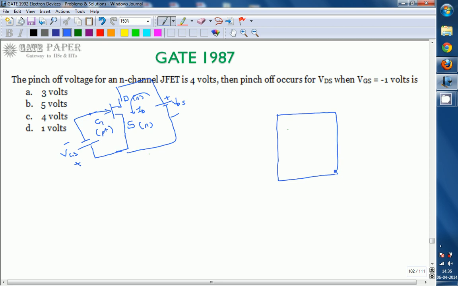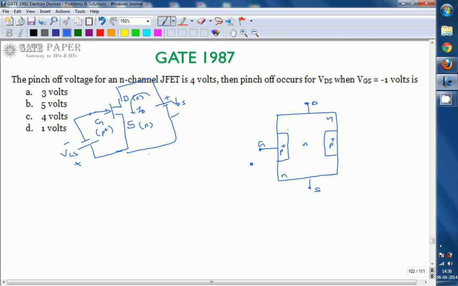An N-channel JFET is fabricated into N-type semiconductor, and into that two P plus junctions are placed. These two P plus junctions are internally connected, so applying voltage across one side is equally valid for the other side also. This terminal is kept out and is called the drain; for the semiconductor, above is drain, this is source, and this is gate. These are the 3 terminals.